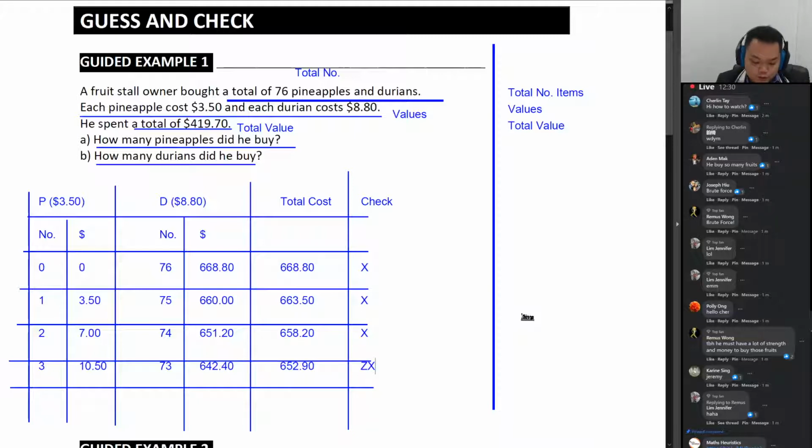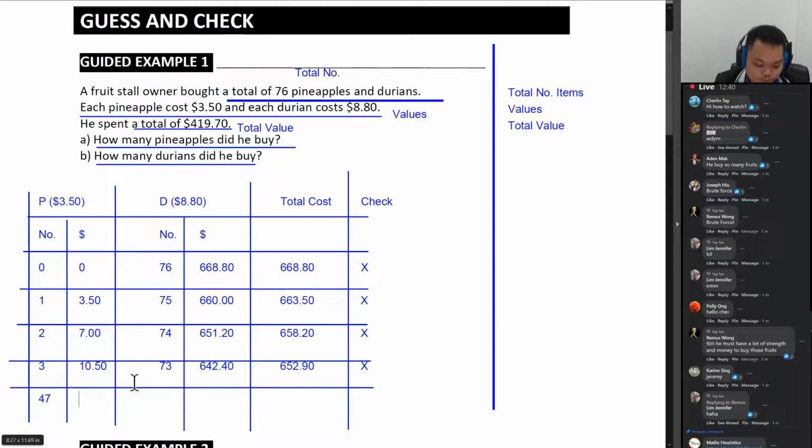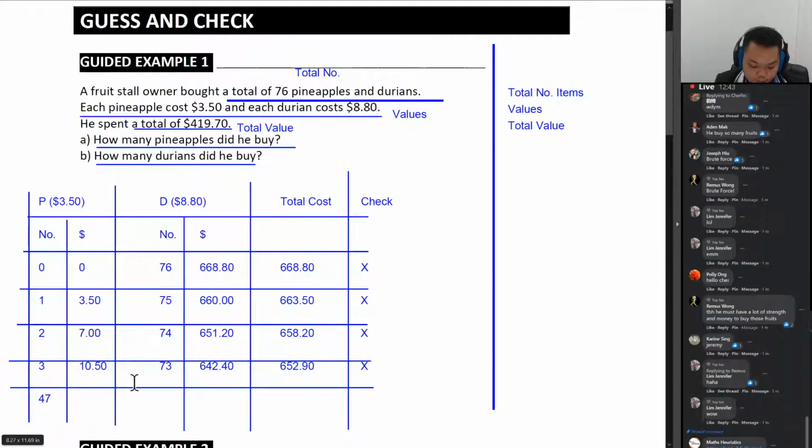Okay, you will see that you can eventually reach the answer of, most of you have it already, it's like 47. Eventually you will get to this point: 47 times 350 is 164.50, and 76 minus 47 is 29. 29 times 880 will give you 255.20.